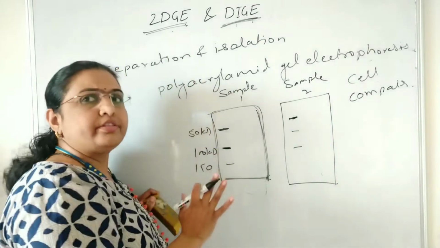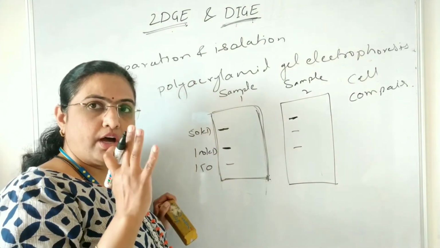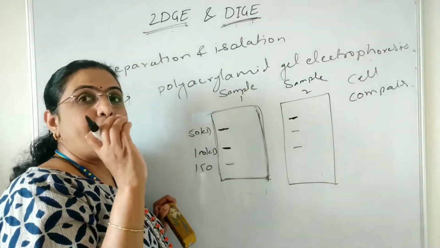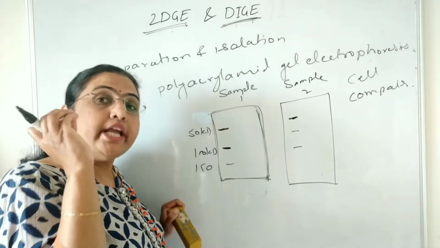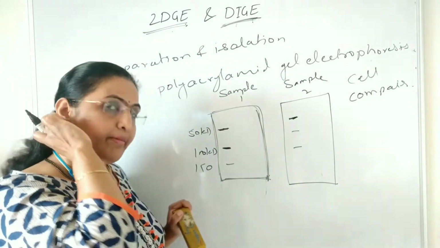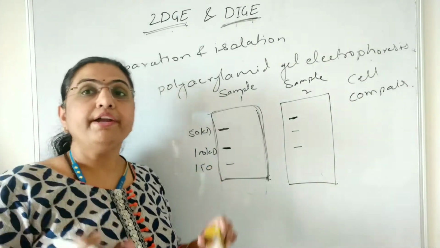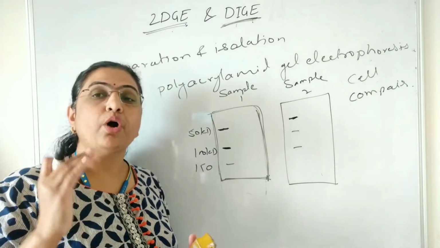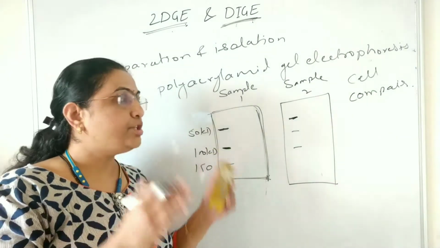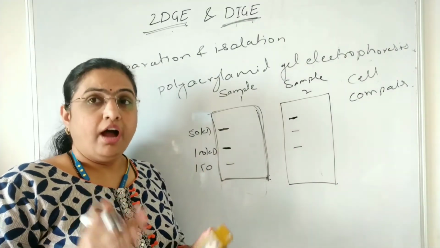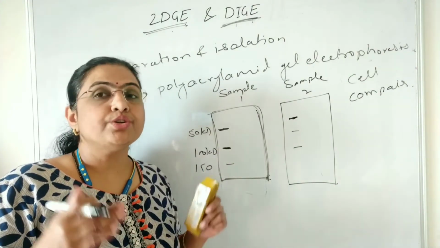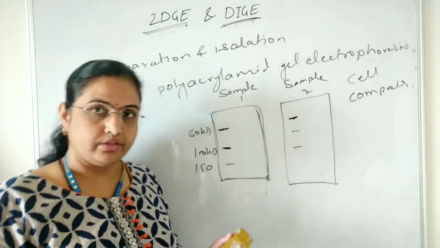Now after staining, you are going to visualize it, and by comparing the band intensity, you can find out the concentration of the proteins present in a cell. High intensity, high concentration; low intensity, low concentration.